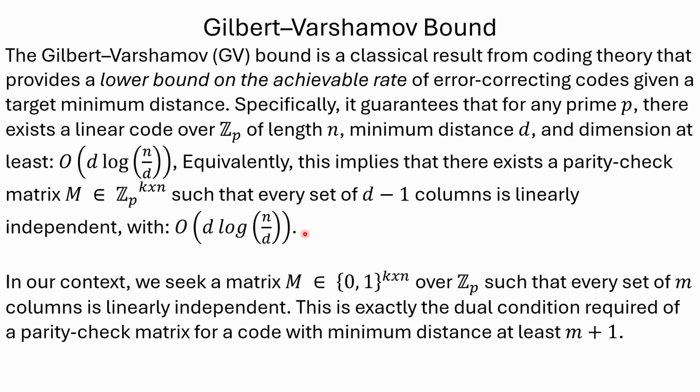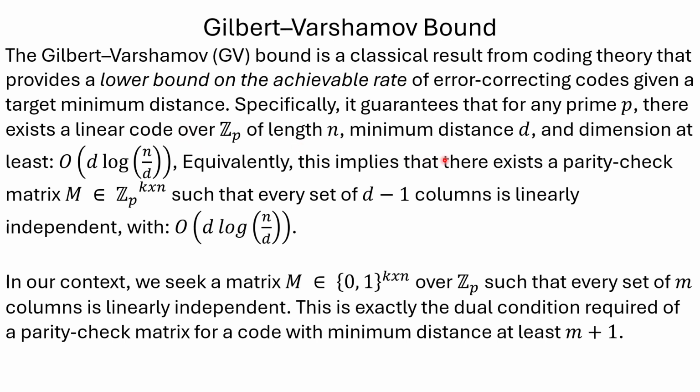Gilbert-Varshamov bound. The GV bound is a classical result from coding theory that provides a lower bound on the achievable rate of error-correcting codes, given a target minimum distance. Specifically, it guarantees that for any prime p, there exists a linear code over Zp of length n, which has minimum distance d and dimension of at least d log n divided by d.